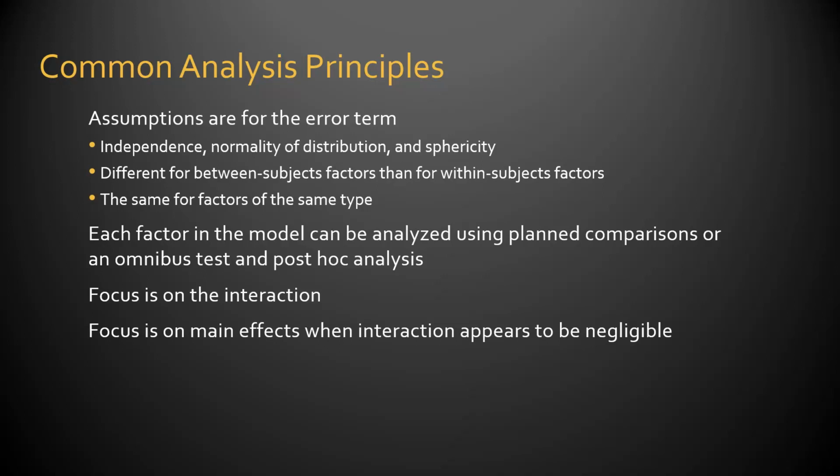In either case, whether it's because there's no effect or we don't have enough power, if we do not reject the omnibus test, there's no sense in going on to post hoc analysis. We only do post hoc analysis when we're able to determine that there are omnibus effects. We can forgo the omnibus effects and look at planned comparisons if we choose.